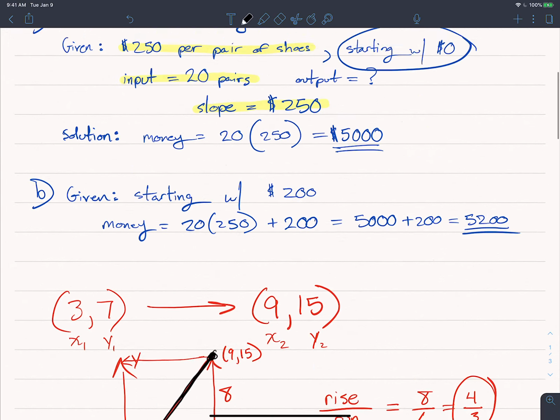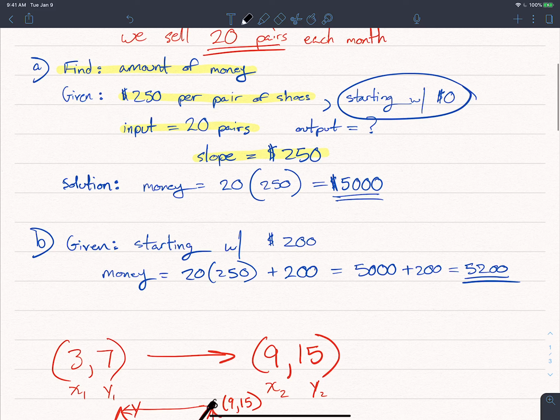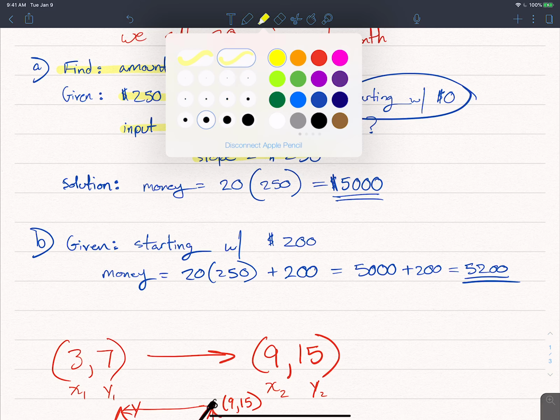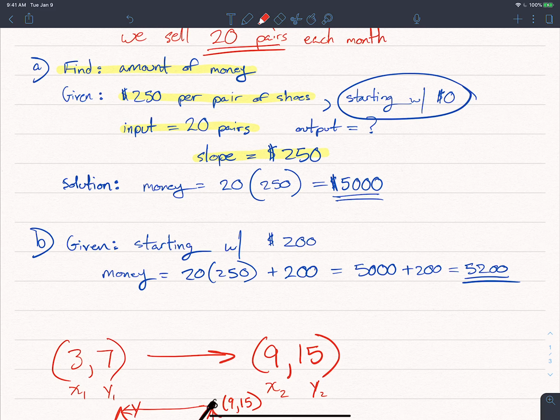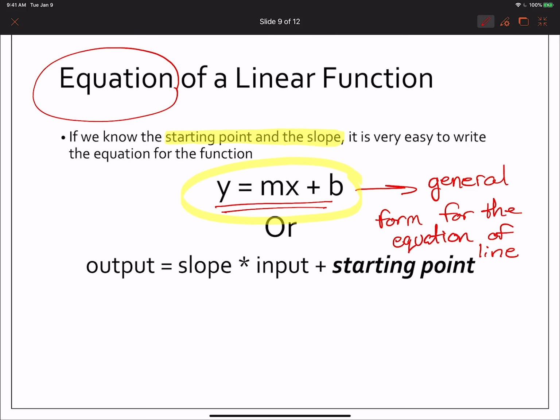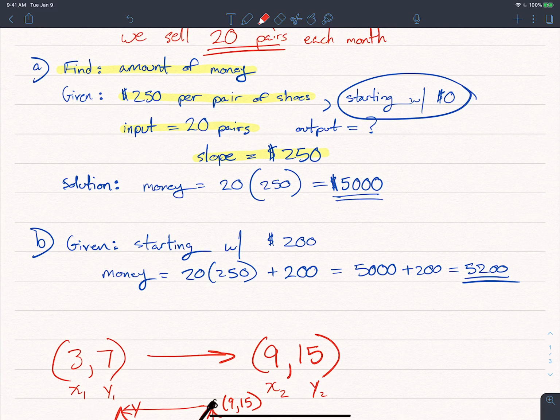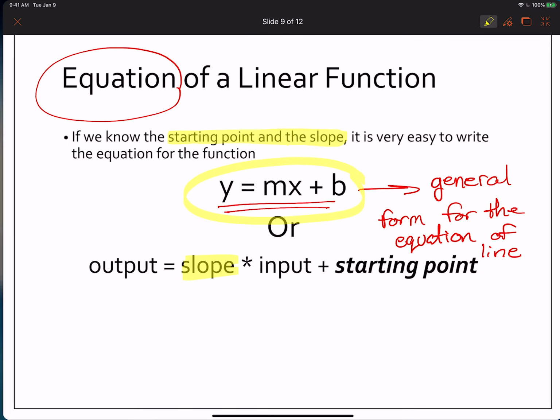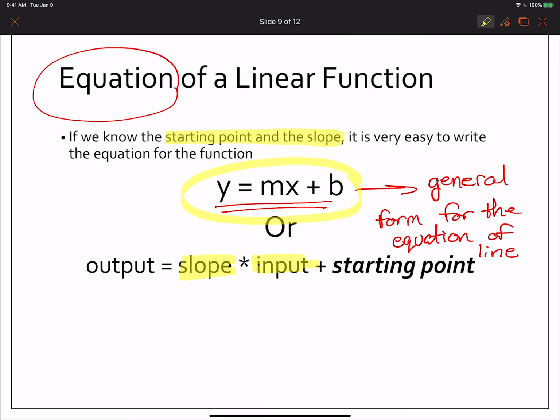And this is specifically for a line or a linear function. And if we go back to our first example we did, isn't that kind of what we did here? Didn't we say that we have our slope? Our slope was what? 250 times our input.